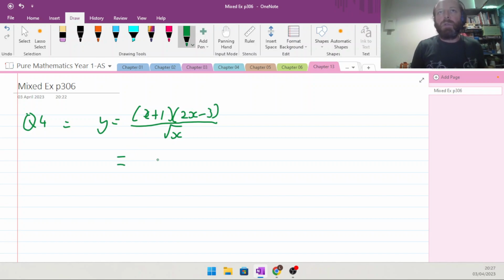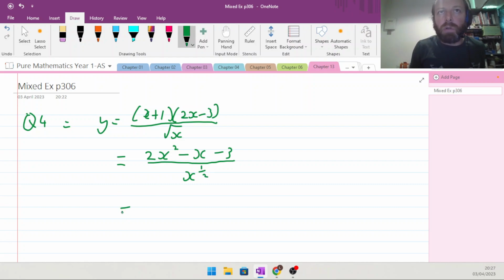So let's multiply this out, and we're going to get 2x squared. Plus 2x minus 3x. So, minus x. And 1 times that is minus 3. Okay? All over x to the half. Okay? Because that's the square root raised to the power.